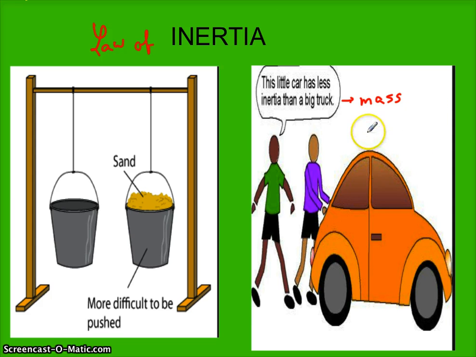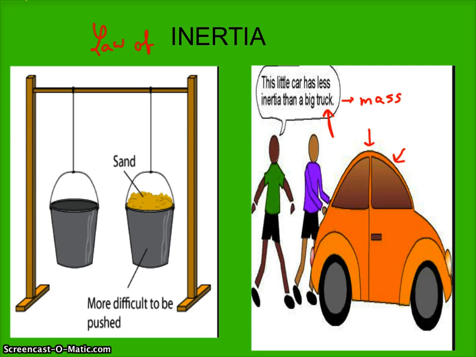If I were driving this little bitty vehicle and I had to stop quickly, I could stop quicker than a big truck. Slammed on the brakes, this will stop quicker because it has less mass. So measuring inertia, believe it or not, is a little bit like measuring mass.